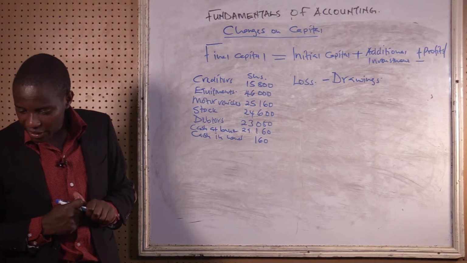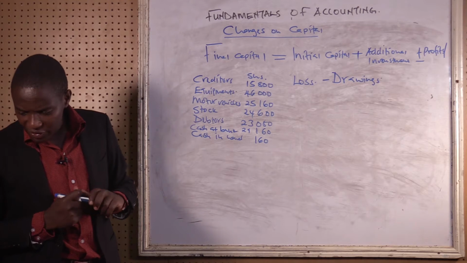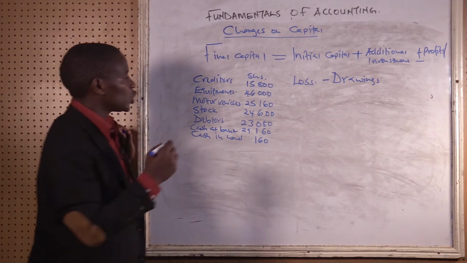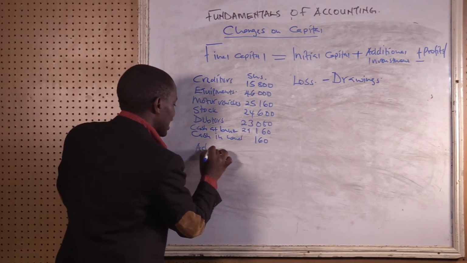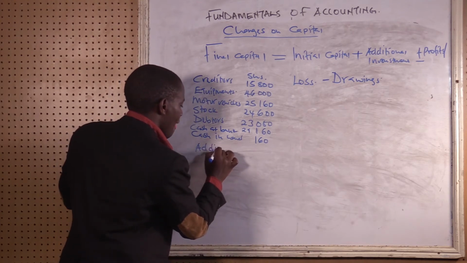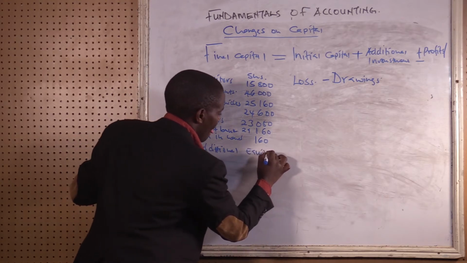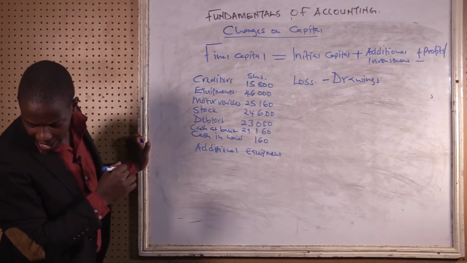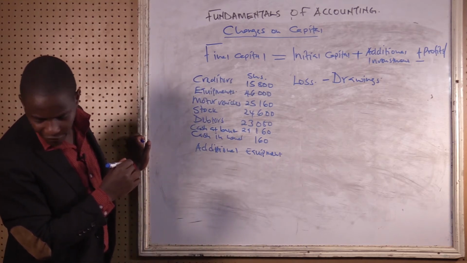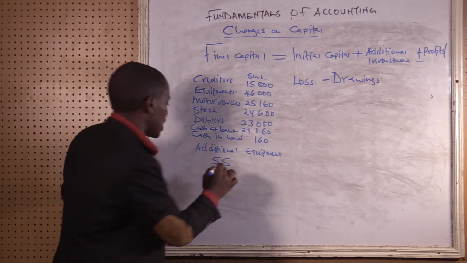On credit for shillings 55,020. So we have additional equipment that was worth 5,520.